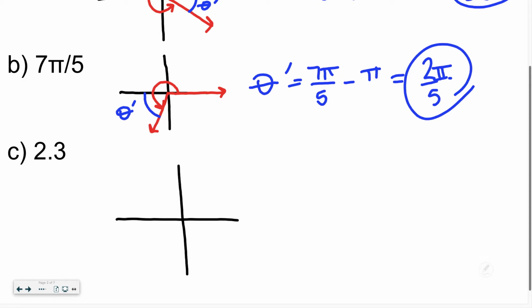Okay, so what we need to think about, okay, this is pi, but in decimal form, it's 3.14, and so on, right? This is pi over 2, which is 1.57, and so on, right? So 2.3 is going to fall, maybe not exactly there, but somewhere in that second quadrant.